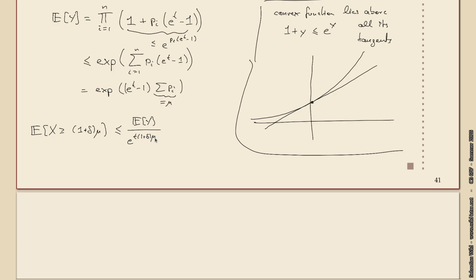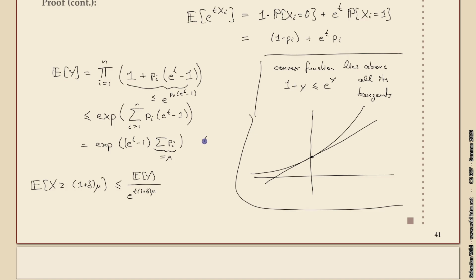Now we plug in this part, and we get e to the mu times e to the t minus 1, divided by e to the mu t times 1 plus delta. And so the last bit is you have an exponent at the top, an exponent at the bottom, and there's a common e to the mu, so you pull this out.